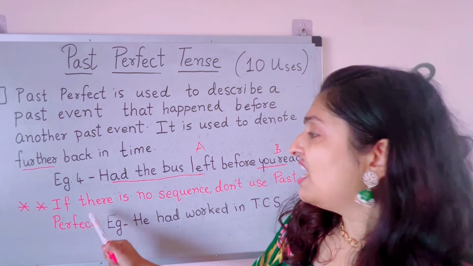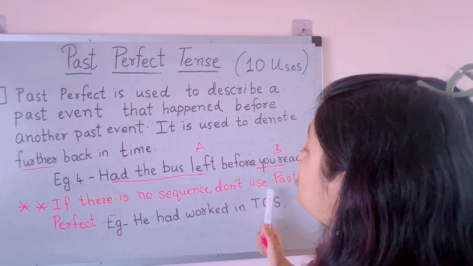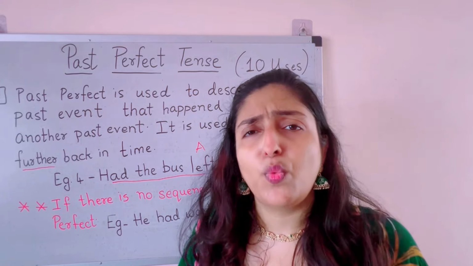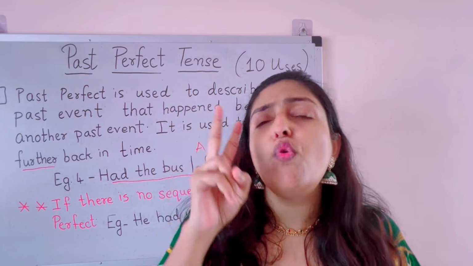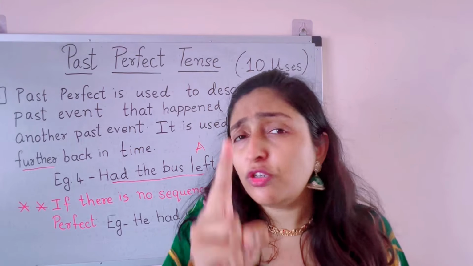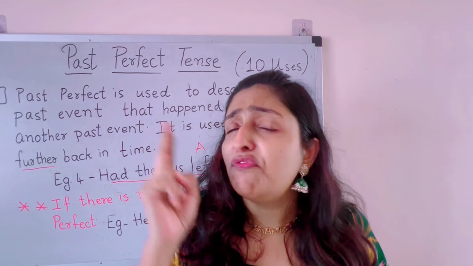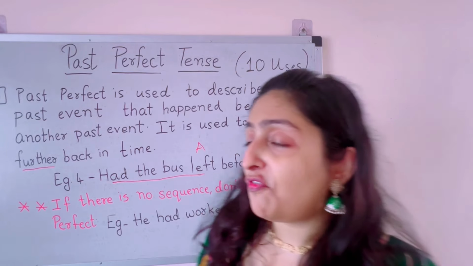Where should you use past perfect? Only if there are two actions or events. If there are no multiple events, if there is no sequence, then you should not use past perfect tense.